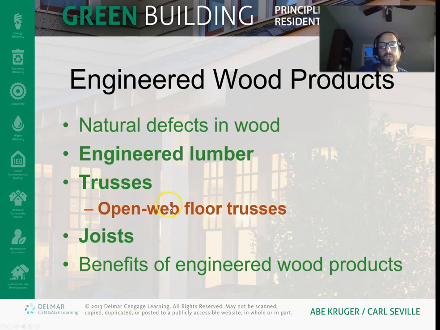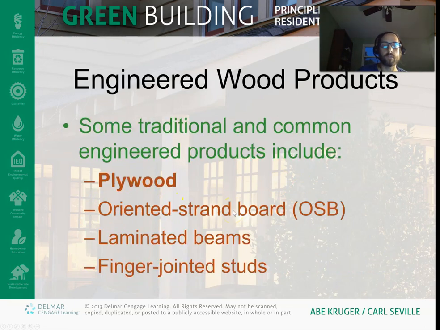And you look at all the different building components, trusses, joists, the book gets into some of the benefits of engineered products, and there's also some drawbacks to engineered products. Among them, there are some chemicals in there that you don't always want to be outgassing in your building.